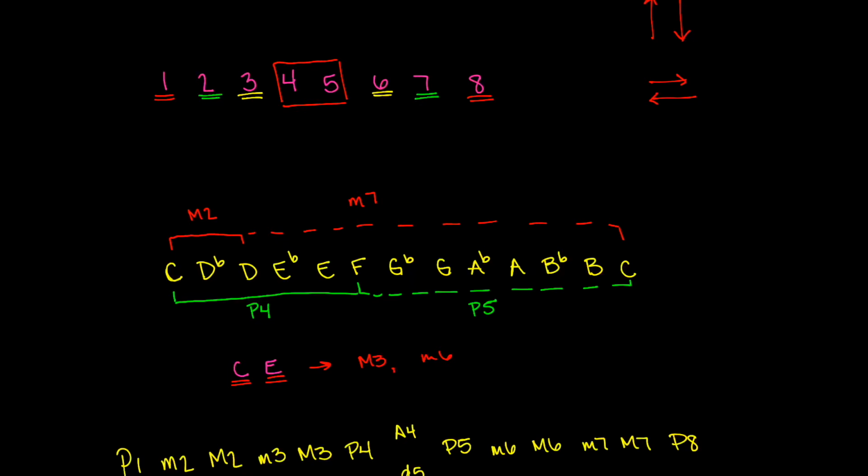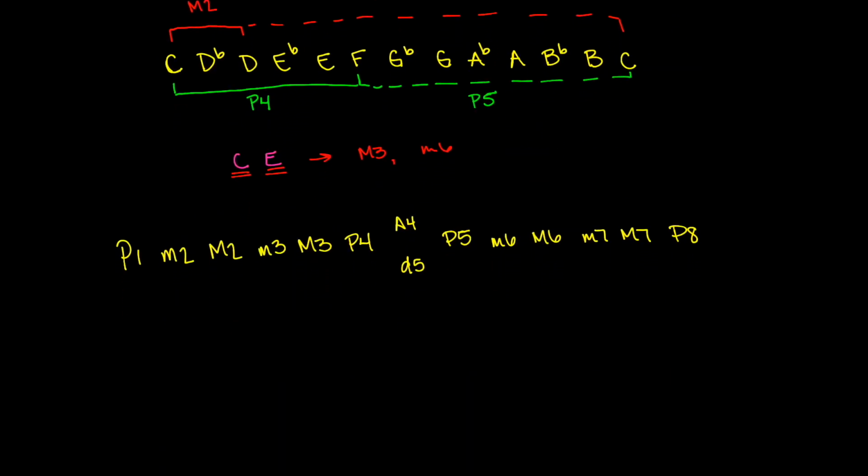We can move them around. We can put the top on the bottom and the bottom on the top. We're allowed to do all kinds of stuff like that. So let's explain this a little bit better. Let's say we look at here, P1 and a P8. Then let's look at minor second. We're going to say that essentially that's the same thing as a major seventh.